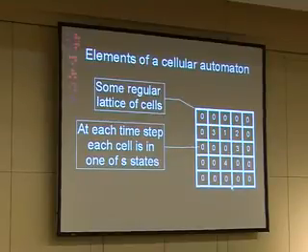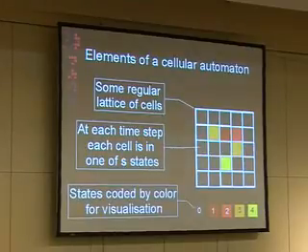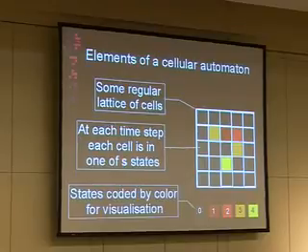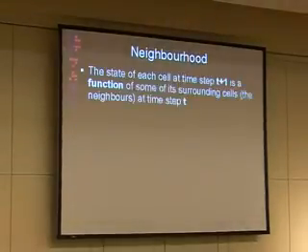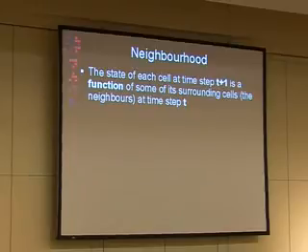And of course, normally we code the states with colors so that it's easier to visualize. And then the state of each cell at time step t plus 1 is a function of some of its surrounding cells at the previous time step.